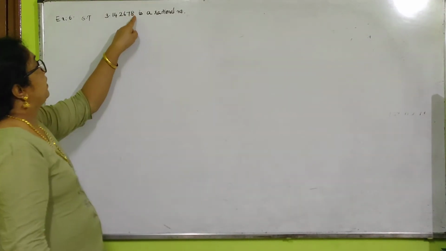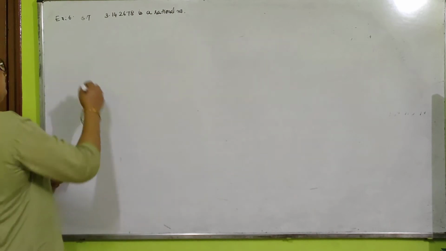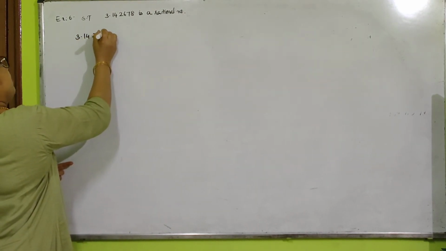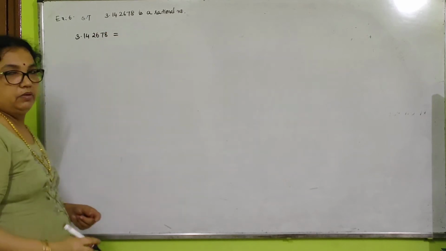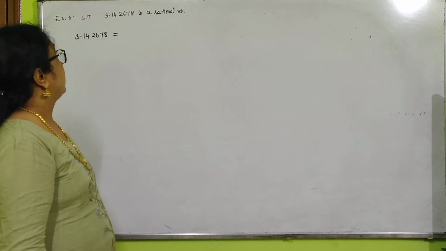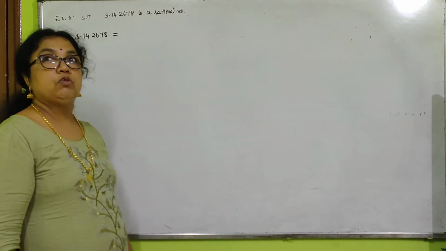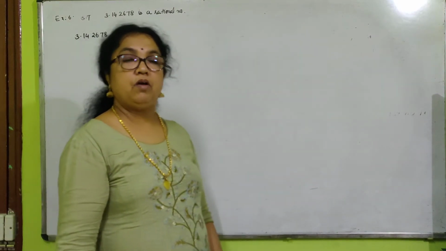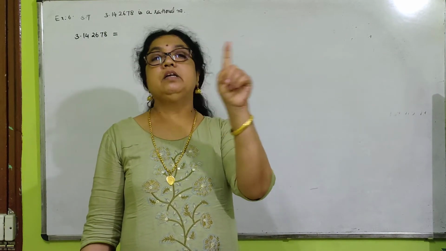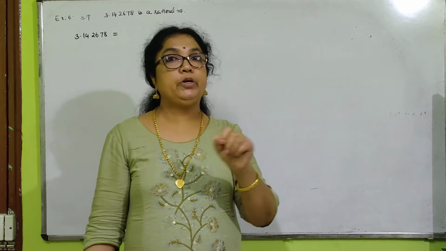This is a terminating decimal expansion. 3.14268 equal to this one. You have to write it in which form? In the rational P by Q form. If you look at 1.5, how will you write it? How can we remove the point? After the point, 1 digit is there, then we remove it by putting 10 below.